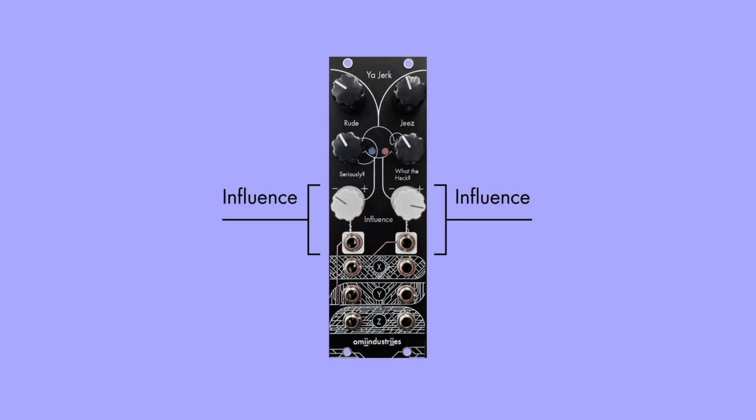In the center, they're off. Turning clockwise from center increases the modulation positively, while turning counterclockwise inverts and increases the modulation negatively. By default, the X output from the blue channel and the Z output from the red channel are normaled into the opposing influence inputs, creating a self-influencing feedback loop.